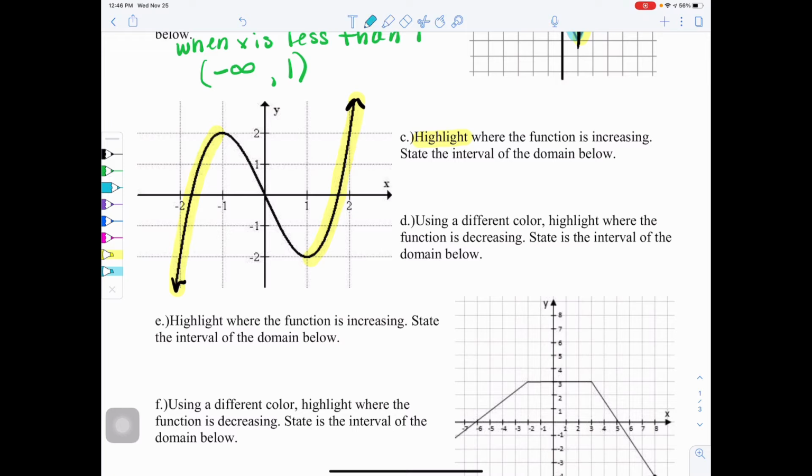We will state the interval of the domain below. So first, let's describe it. We can see it's when x is less than -1, because that -1 cut off here and below. Then we can see that +1 cut off and up.